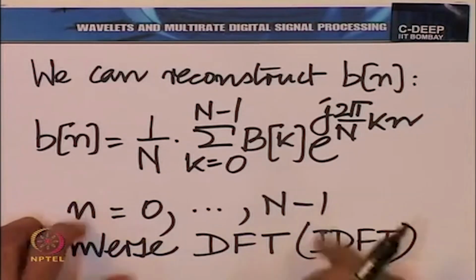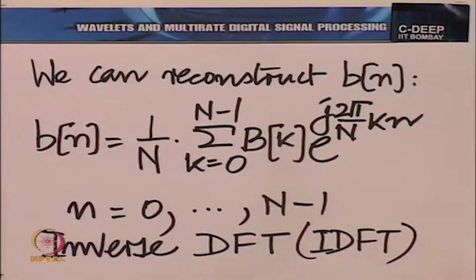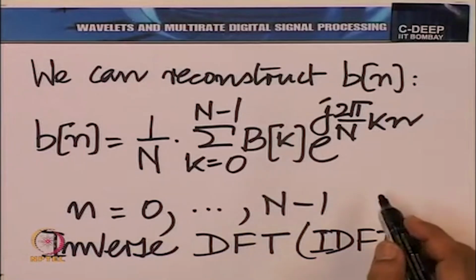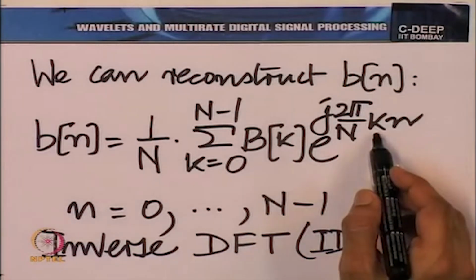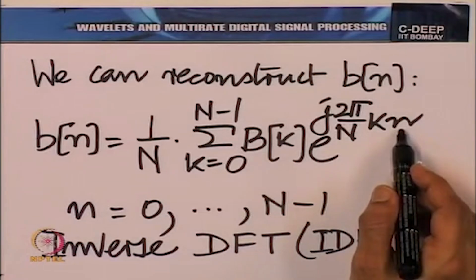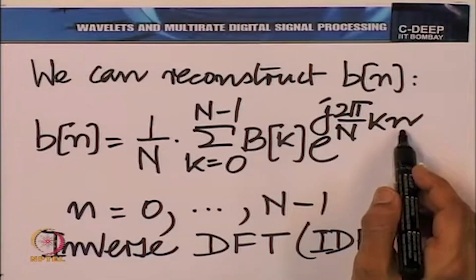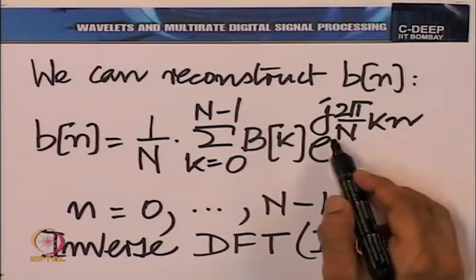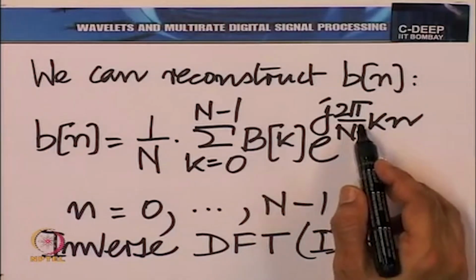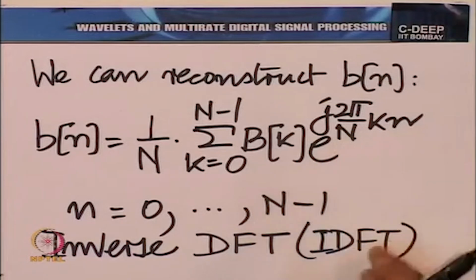Whatever is between 0 and N minus 1 is periodically repeated in every interval of N, successively and before. That is easily seen if you substitute n by n plus any multiple of capital N here, noting that e raised to the power j 2 pi by N times capital N is 1.